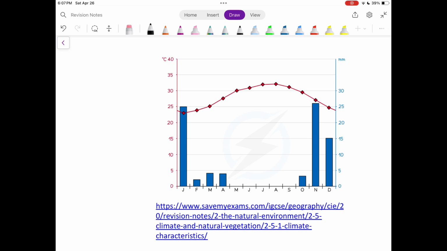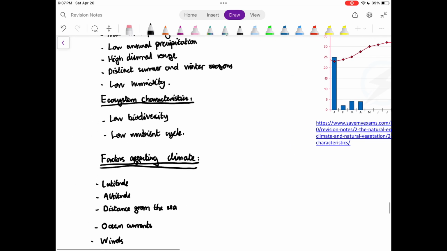In the winter months it tends to be quite high, but in the summer months desert ecosystems tend to get little to no rainfall at all. And you can also see the trend in the temperature. As you approach the summer months, it will become quite hot, and then in the winter months, within the first quarter and the last quarter of the year, the temperature drops.